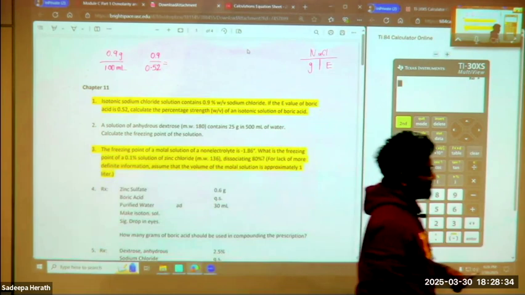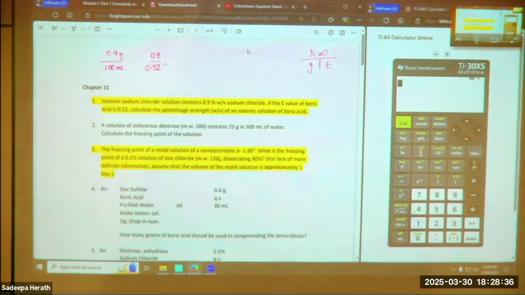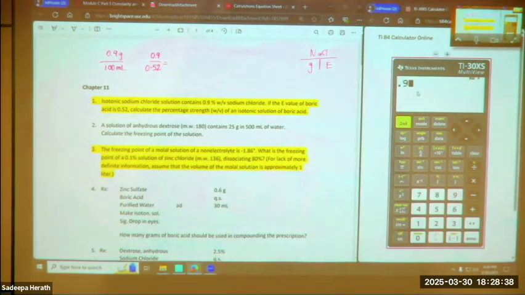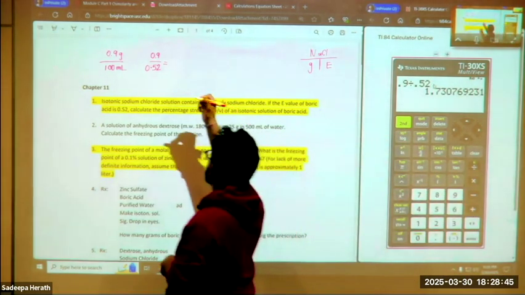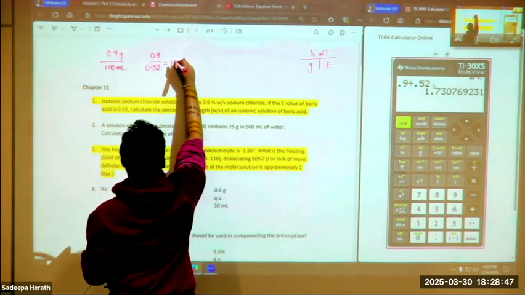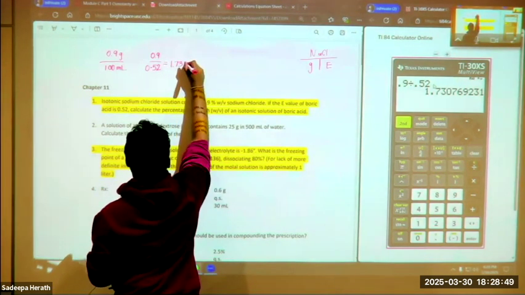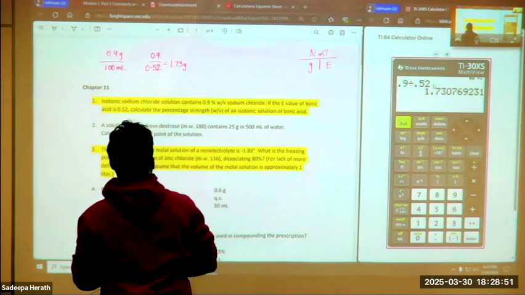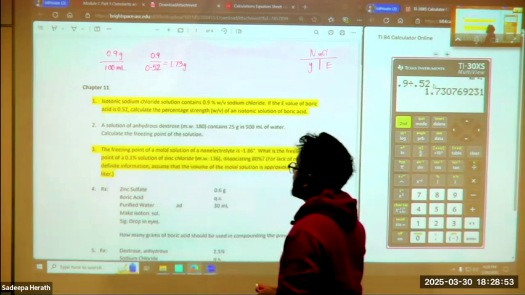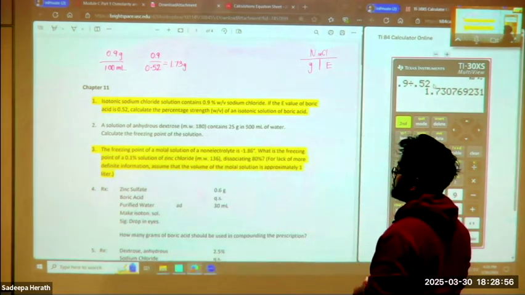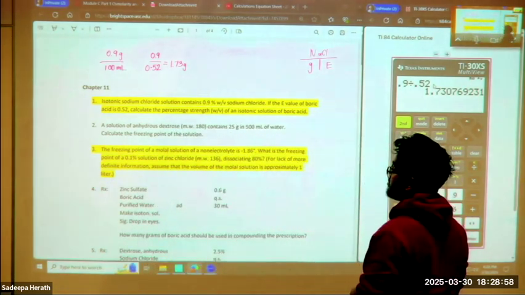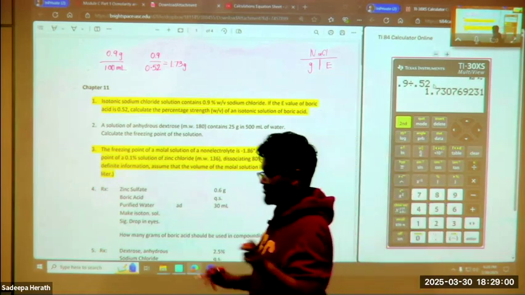Okay, let's do that real quick. 0.9 divided by 0.52. Just for the sake of writing it out, say 1.73 grams, right? And we know that that's going to be 1.73 grams over 100 ml.